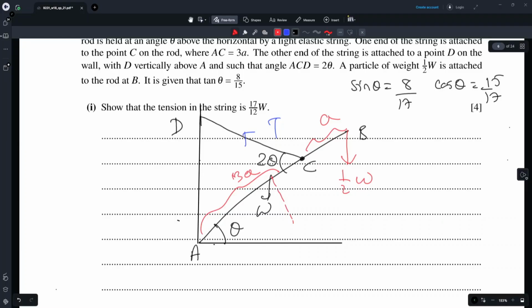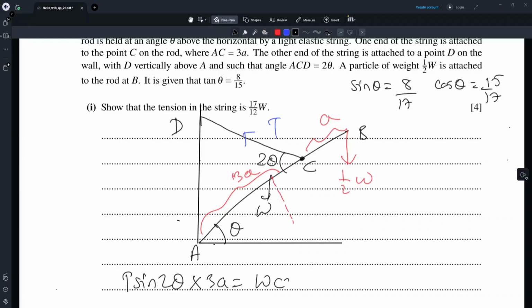We have T sine 2 theta times 3A equals W cos theta times 2A plus half W cos theta times 2A.